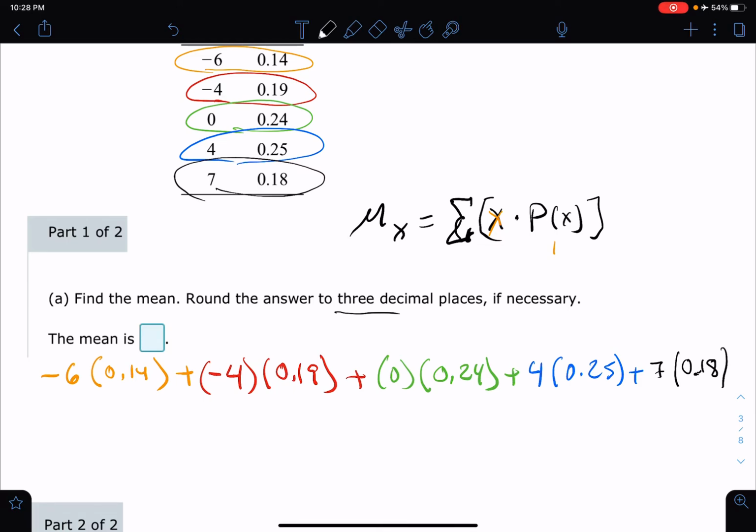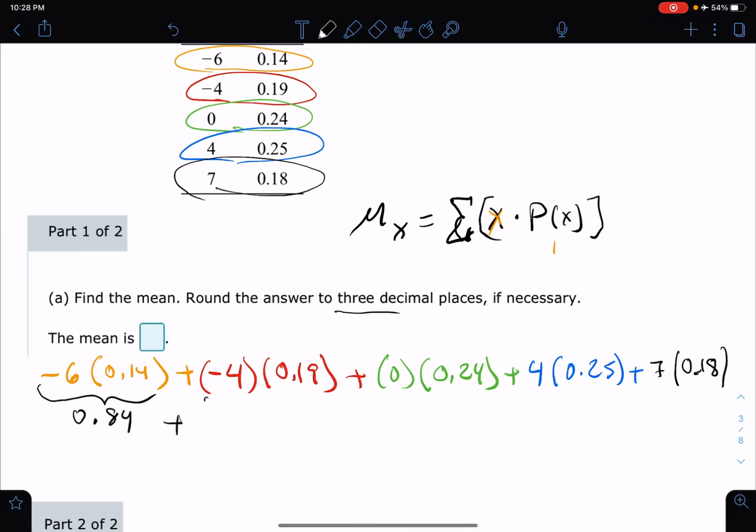And then we take each one of these pieces and multiply them. So -6 times 0.14 is -0.84, plus -4 times 0.19 gives us -0.76. And then 0 times whatever is just going to be 0.